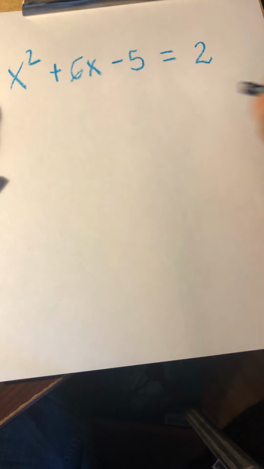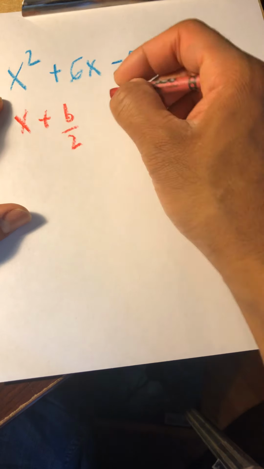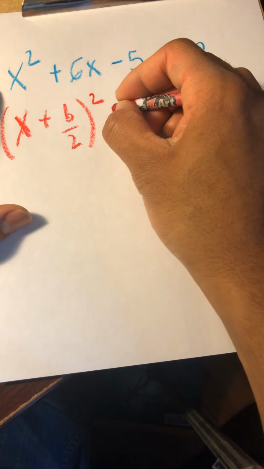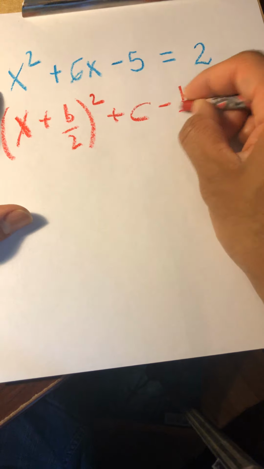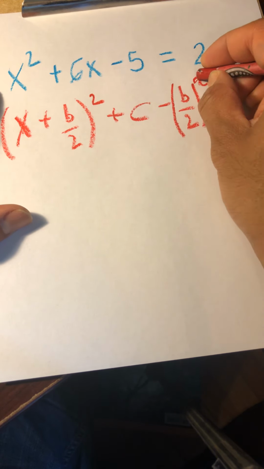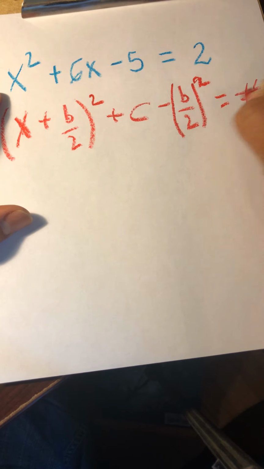What I do is try to complete the square by remembering that I'm looking for something in which I have x plus b over 2 squared, plus c minus b over 2 squared, and that's going to be equal to some number over here.